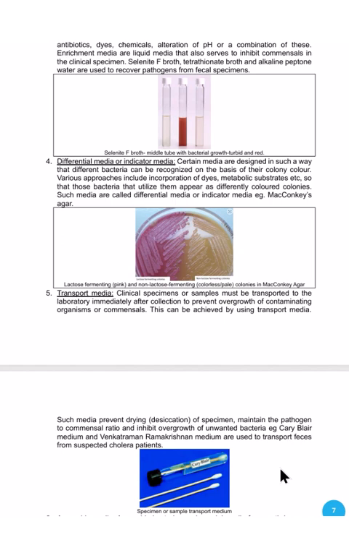This type of medium doesn't allow the multiplication of the bacteria in the sample. It keeps its number, so it is preserving the sample. There are different types of medium, like Cary-Blair medium, and others.